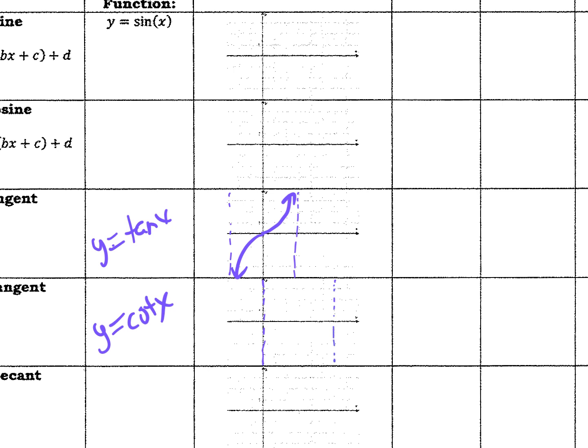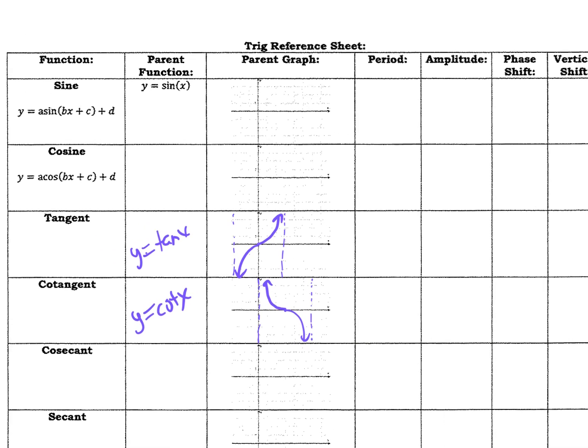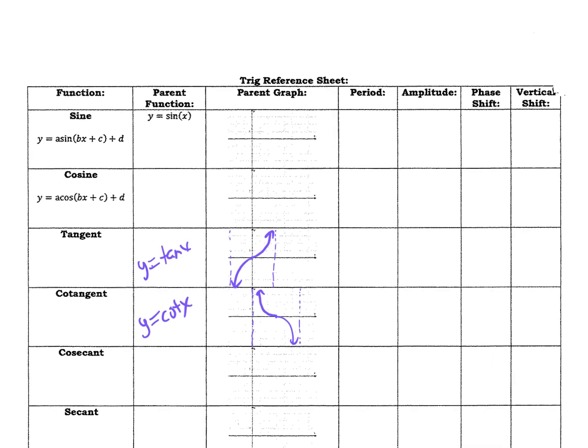We go from 0 out to pi. And then remember, we're going up to the left and down to the right. So just a rough sketch for that. The period for both of them is going to be pi. You may see an amplitude change up front, but probably not on those.